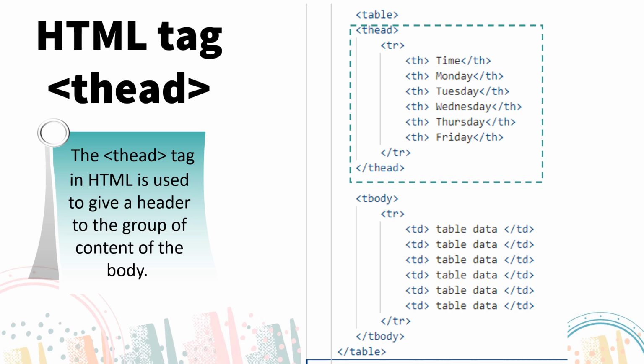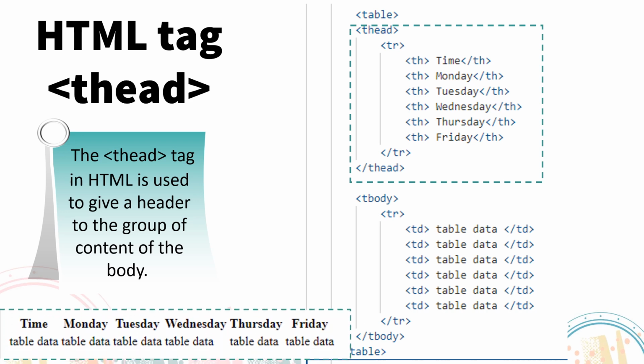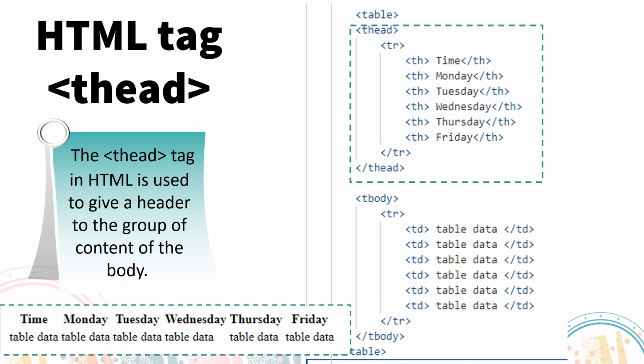If we view this in a browser, we can notice that the table header is the very first row. That's the header of the table. Since we apply TH here, the text is in bold format.